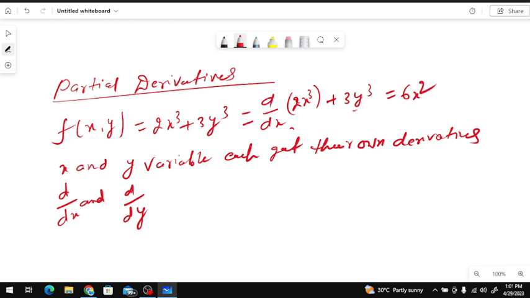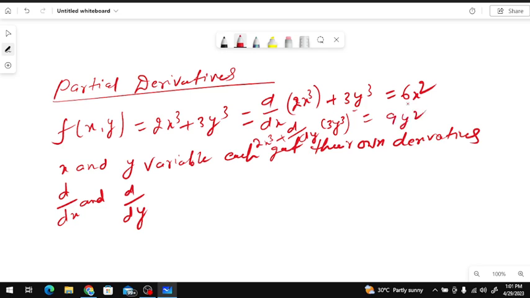And for the other one, if I am differentiating with respect to y, then the first value, 2x cube, should be treated as a constant, and plus the 3y cube, so your answer should be 9y square.